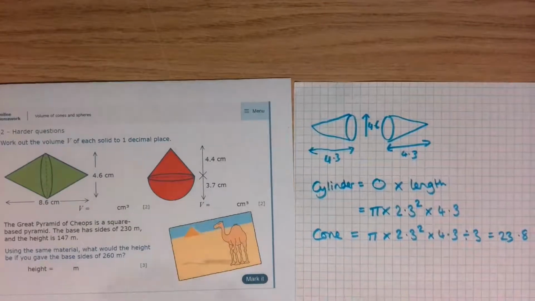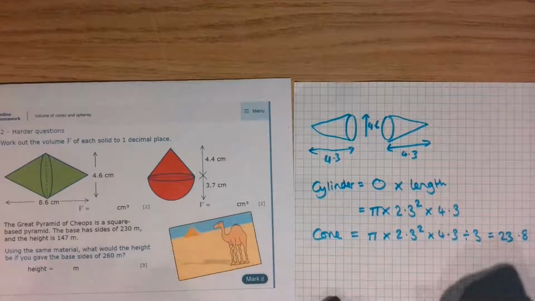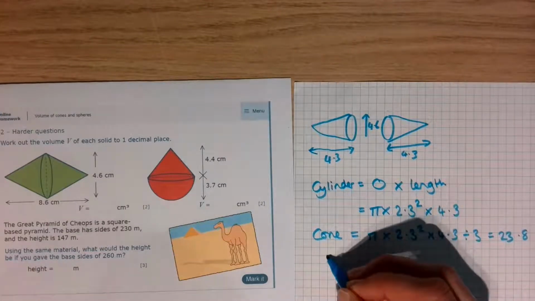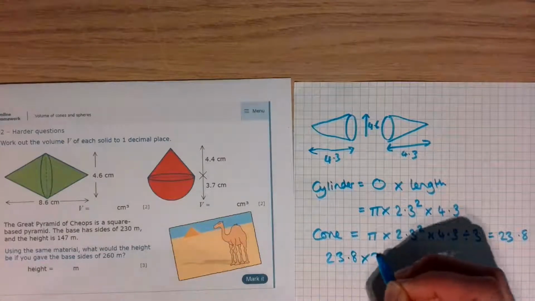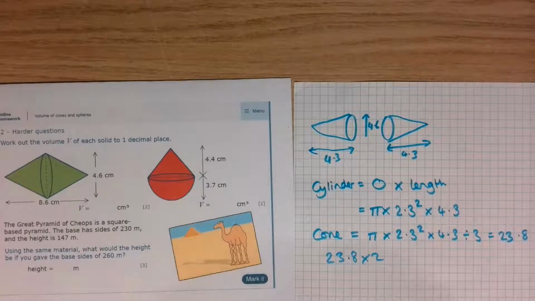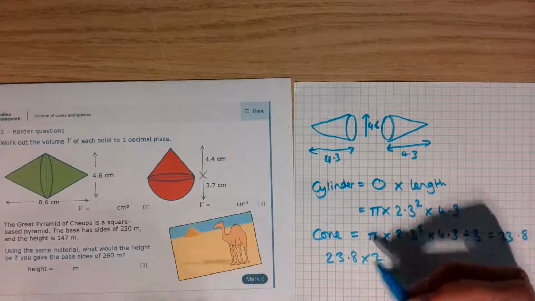However, I don't have one cone, I have two cones, so I have to double this. So I'm going to do 23.8 multiplied by 2 on my calculator, 47.6.